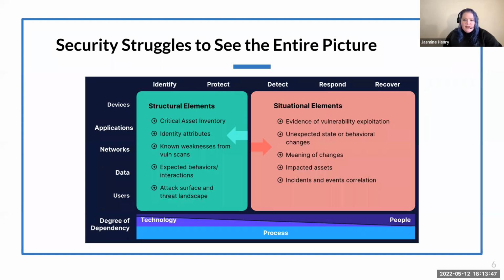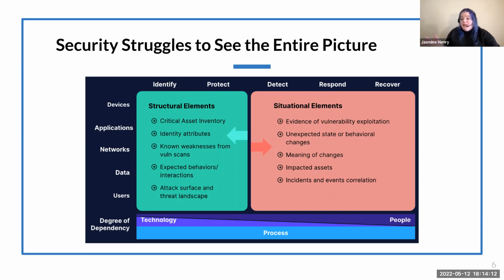Structural elements might be things like cloud security alerts if you've got intrusion detection, or posture management systems running over your AWS or Google Cloud. That can be things like, here's an issue, here's an issue, here's an issue, but it doesn't actually tell you, is it an issue on a critical asset? Is it an issue that's recently changed? Is this something that really actually matters to your workflow?